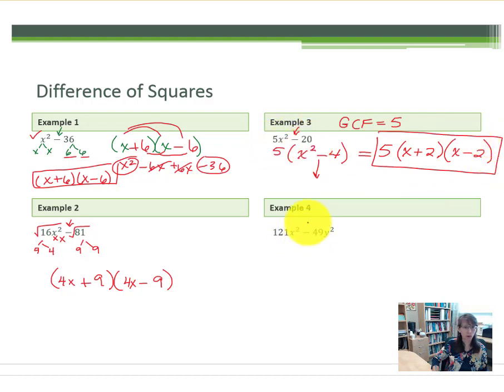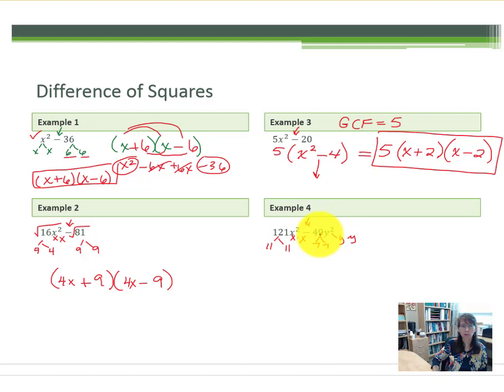With example 4, we do have subtraction. 121, we know that is 11 times 11. And x squared comes from x times x. So that looks like a perfect square already. 49 we know is 7 times 7, and y squared is y times y. So we do have perfect squares, and we do have the difference of perfect squares.